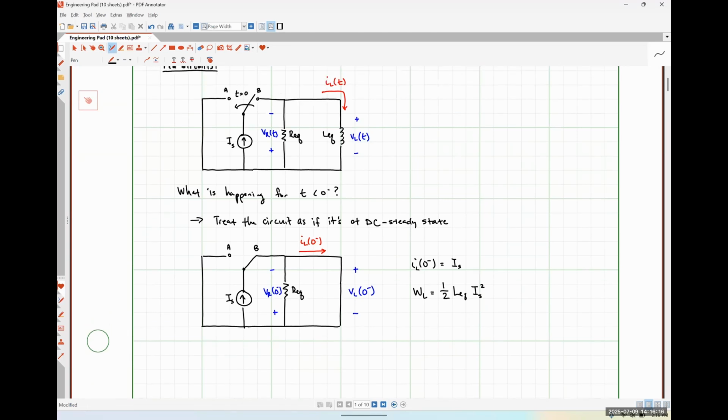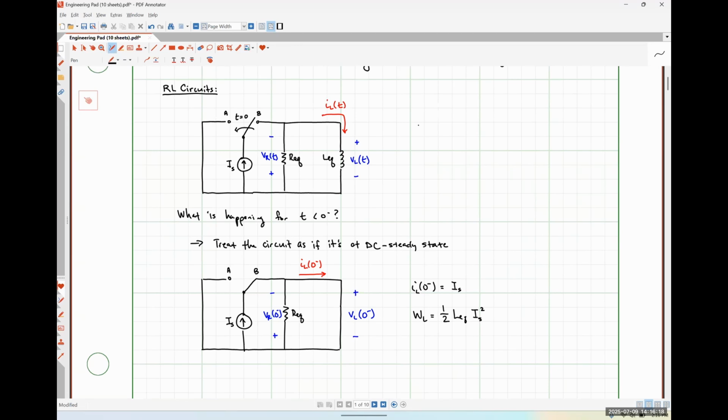So what I'm going to do over here is draw a little bit of a graph. We're just going to keep track of how the current in the inductor is behaving as a function of time. So this is going to be IL of t, and this is t is equal to 0.